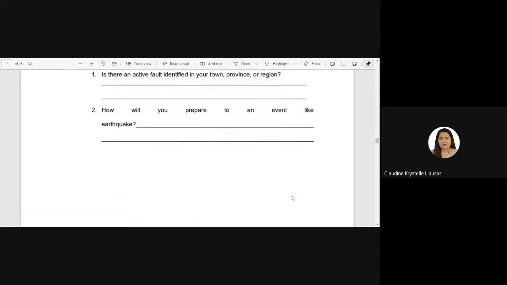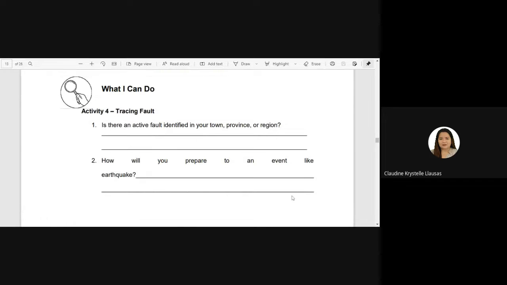Let's continue. Okay, there are questions here that I want you to answer one by one. Ako na lang answer sa number 1. Is there an active fault identified in your town, province, or region?